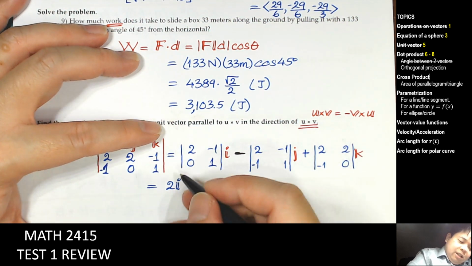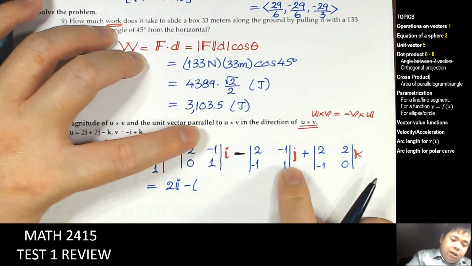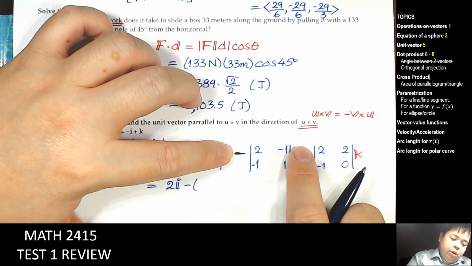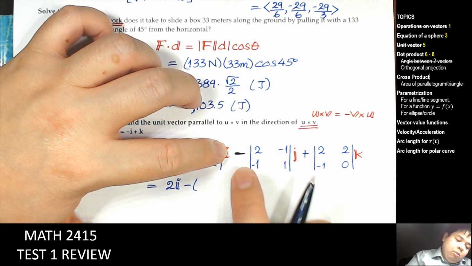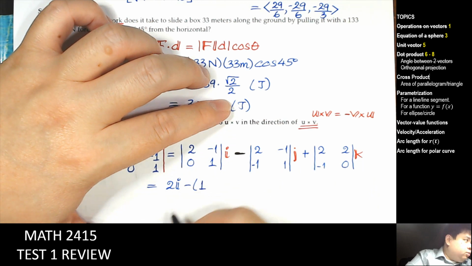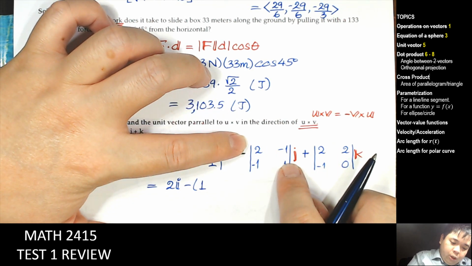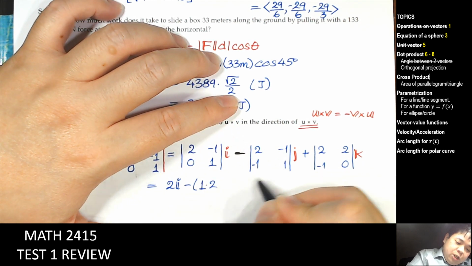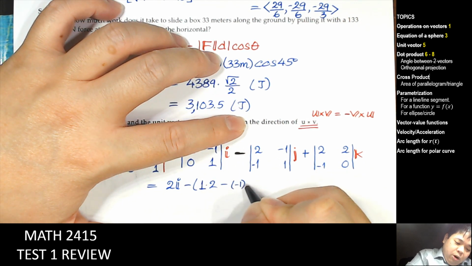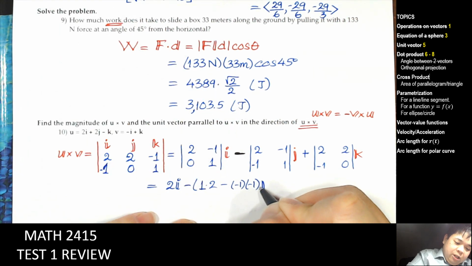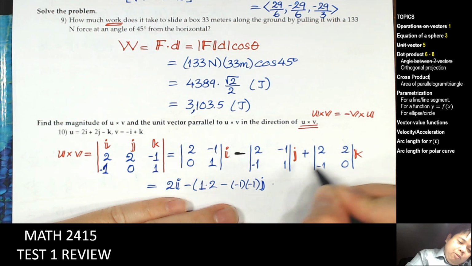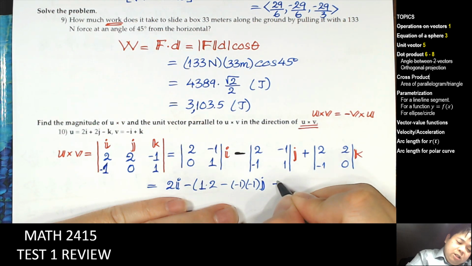And then next, minus 2 minus 1, so that's just 1 times j, and then 0 minus negative 2, so that's plus 2k.